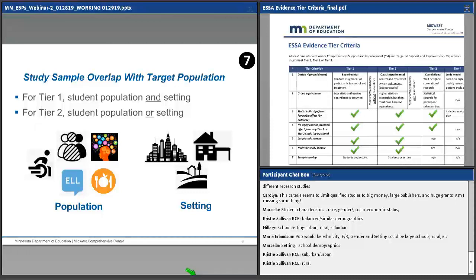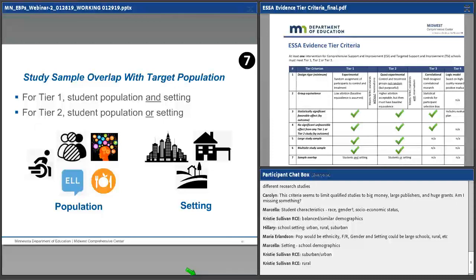Again, the bar is simply that the study was conducted across more than one school. And most well-designed research studies are going to be conducted across more than one school. A study that's conducted on one school may be a program evaluation, and may qualify for Tier 4, which we're not going to get into today. But yeah, the bar is that the research is conducted in at least 2 schools.